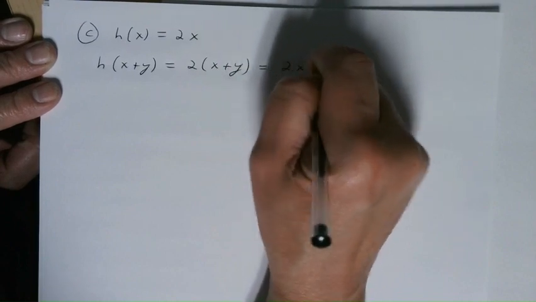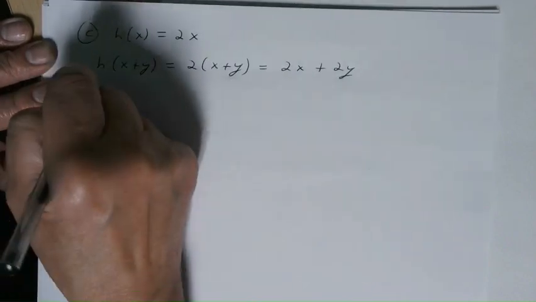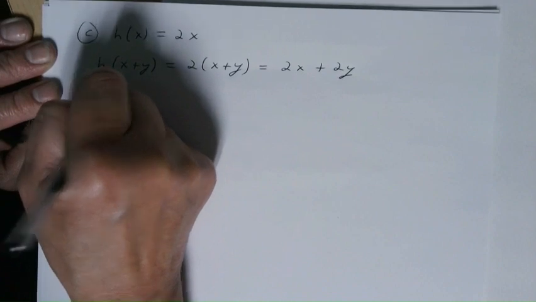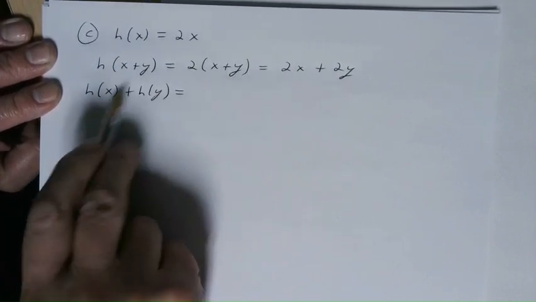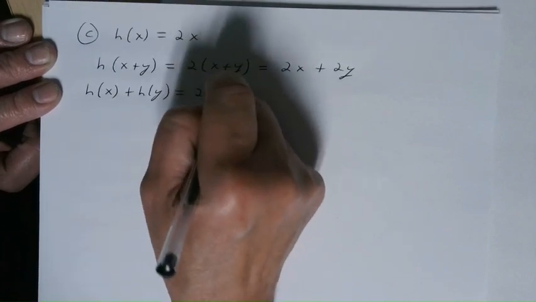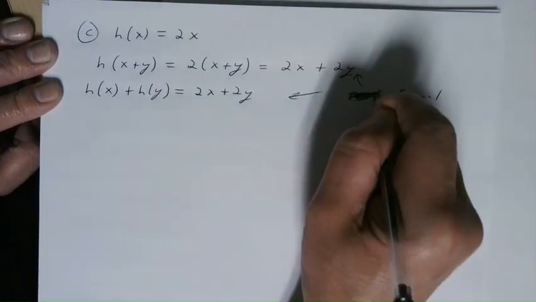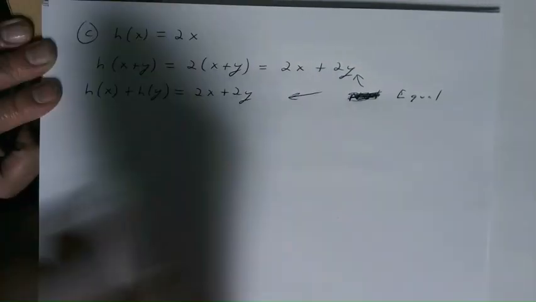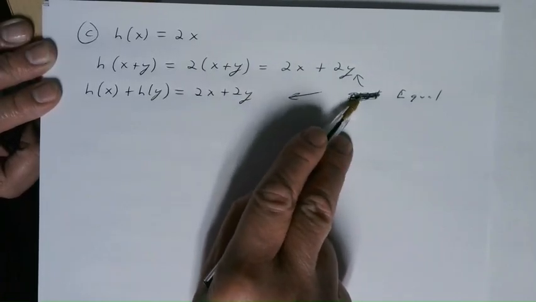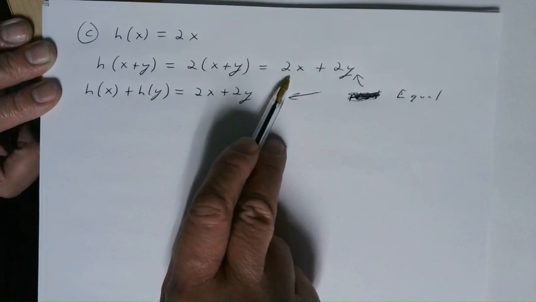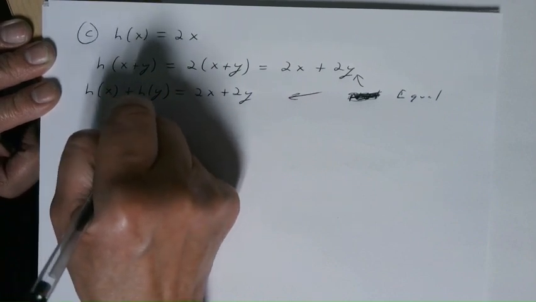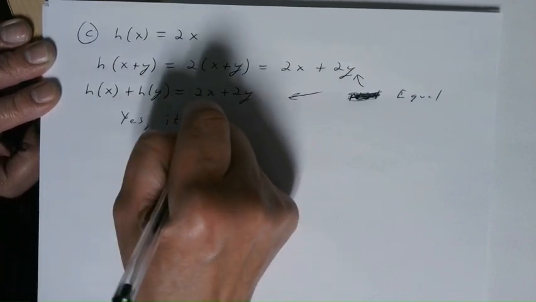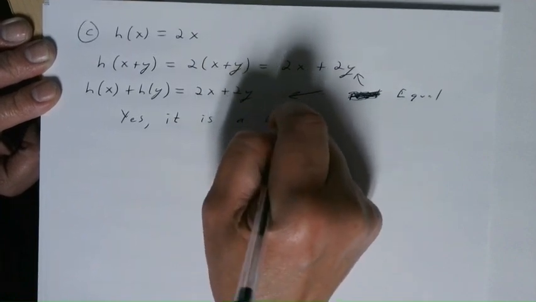This is 2x plus 2y. Now we'll try h of x plus h of y. Put those in here: 2x plus 2y. This time they are equal. This time we see the 2x plus 2y, 2x plus 2y. So yes, this is a homomorphism.